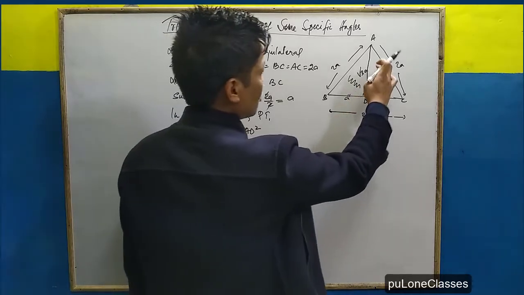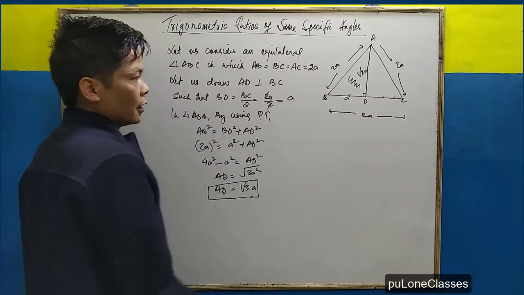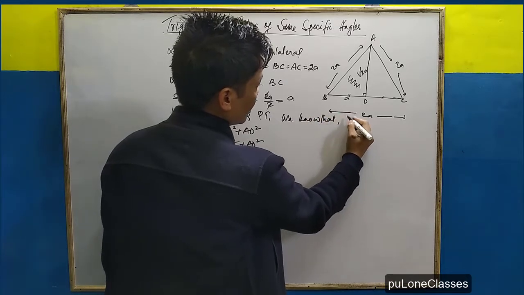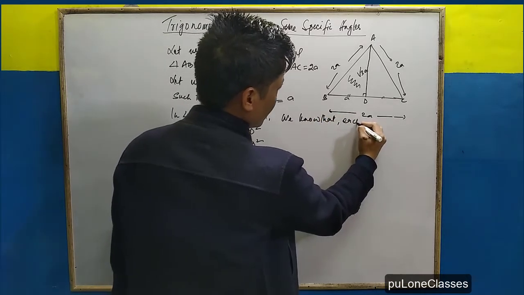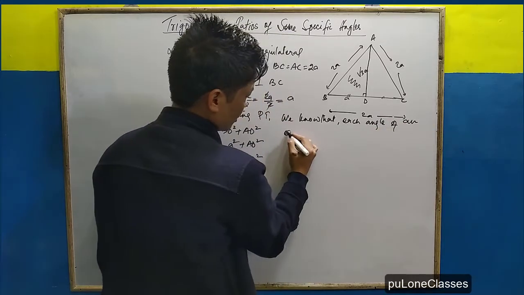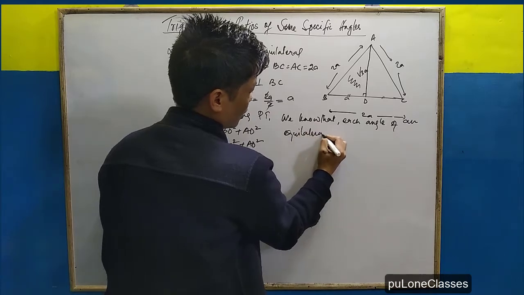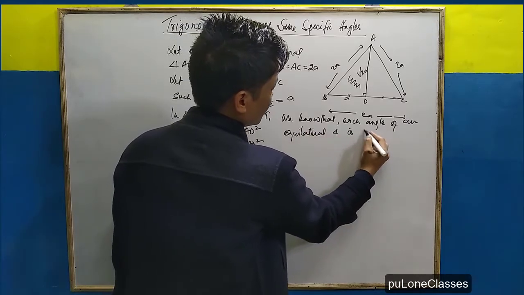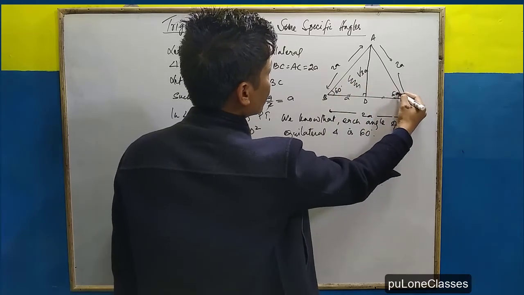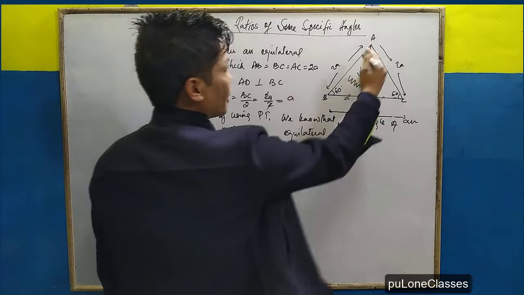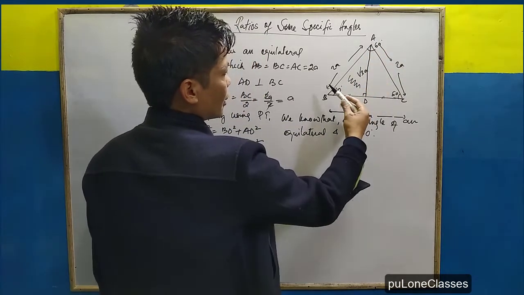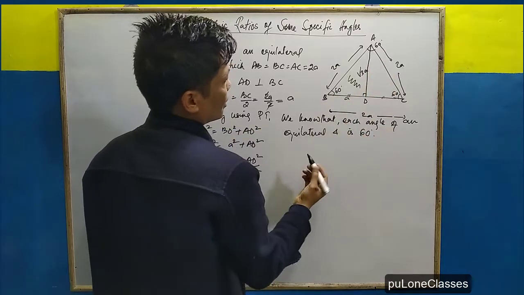Now we have found out the value of AD. We know that each angle of an equilateral triangle is 60 degrees. That means angle B is 60, angle C is 60, and angle A is also 60. Now I have to find out the angle BAD.